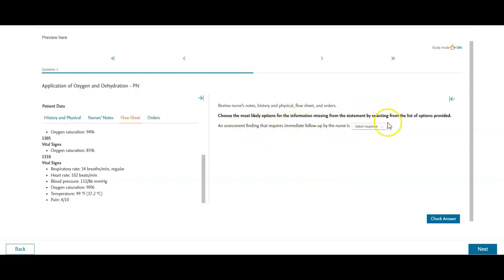Assessment that requires immediate follow-up. Not worried about my temperature. I am a little worried about that respiratory rate. I'm not worried about that pain.